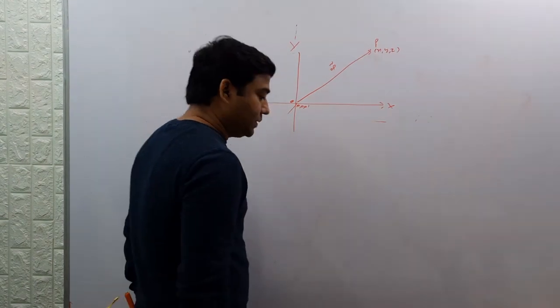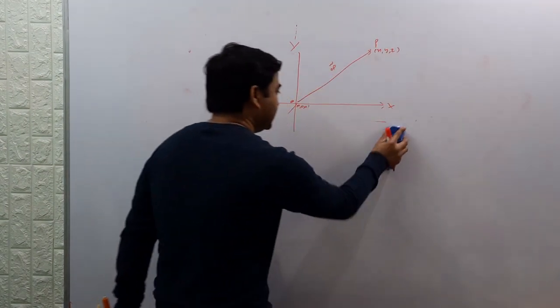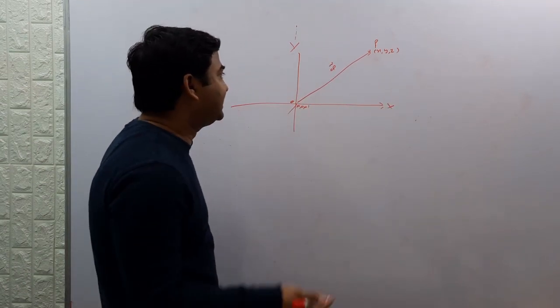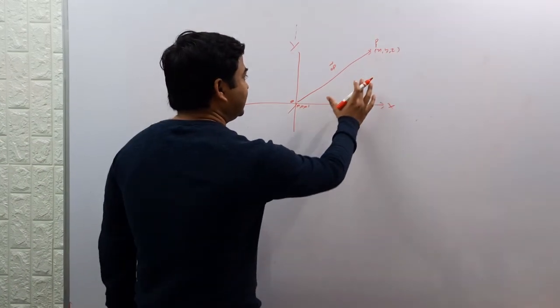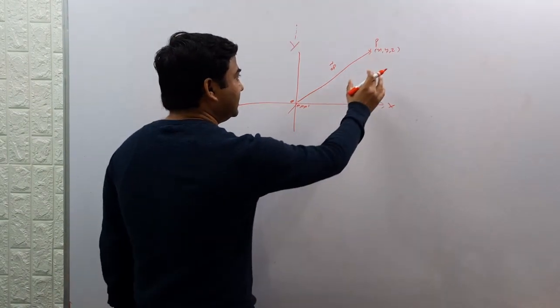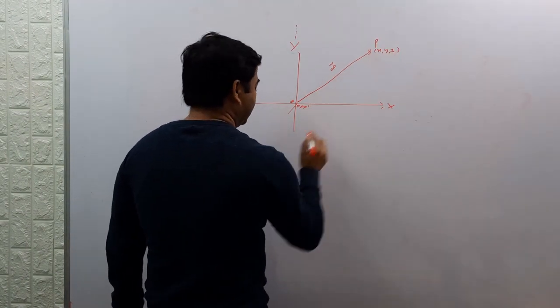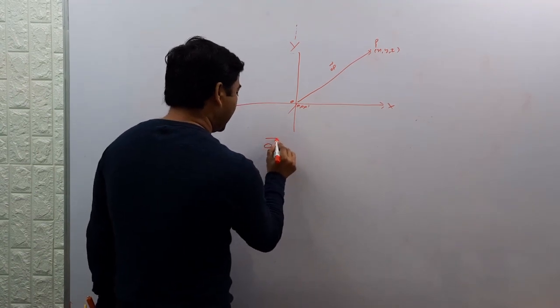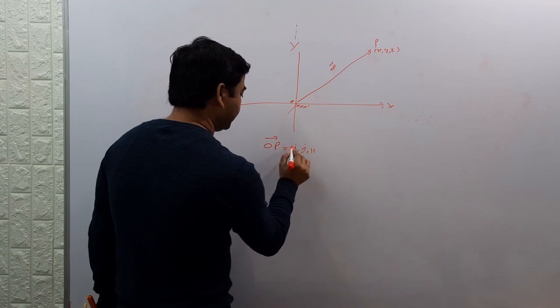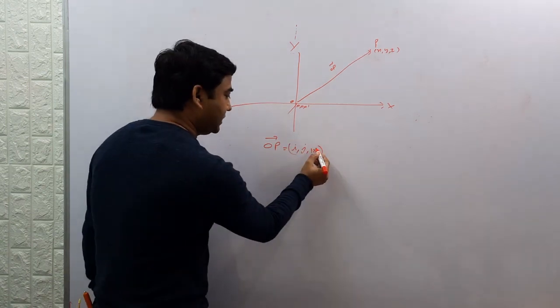For vector algebraic purposes, we will give some basic definitions. Let us suppose point P has coordinates x, y, z. What is the position vector OP in terms of I, J, K?